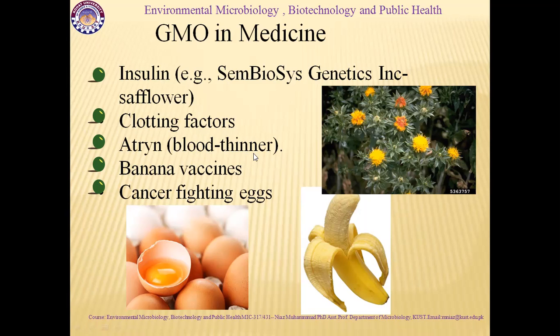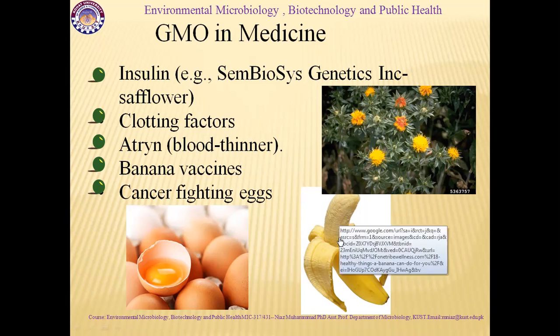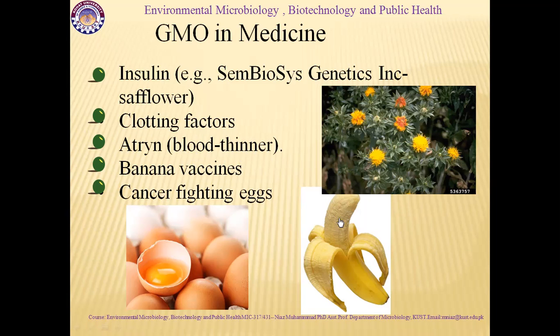Blood thinners we can induce in plants or bacterial cells, and we can use them to make blood thin. Banana vaccines: various types of vaccines can be produced in bananas, which will be a part of the diet and can be used easily. And cancer-fighting eggs can also be produced as GMO.